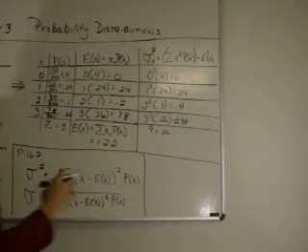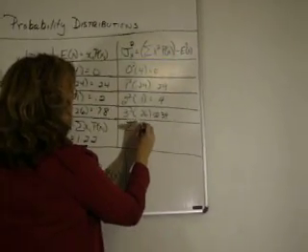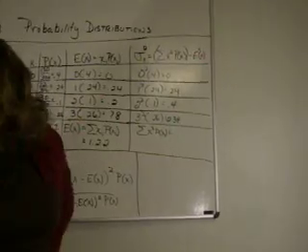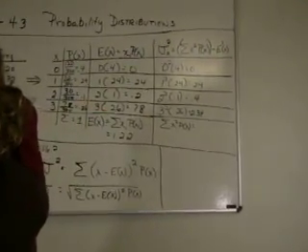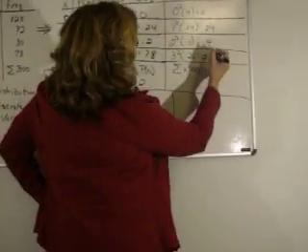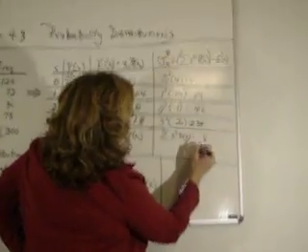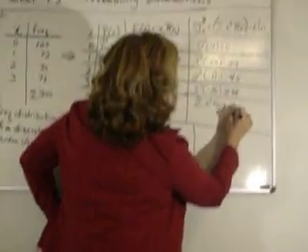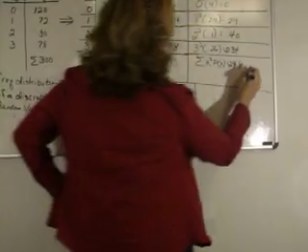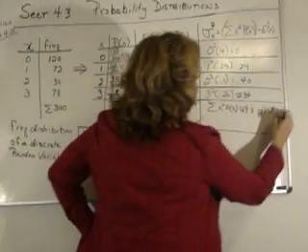And so whenever I add this up, my summation of x squared p of x, I thought that they were going to have this in the book, but they don't. If you go ahead and add this up, you're going to have 2.98. Now we're going to subtract from that this 1.22 that we got over here, squared.